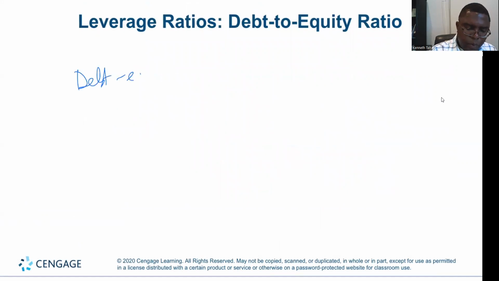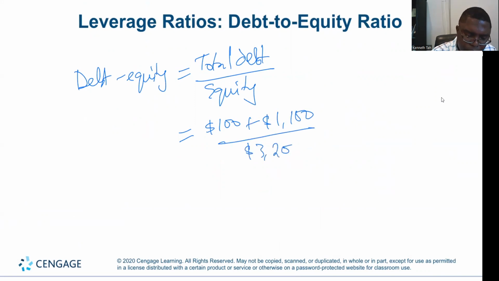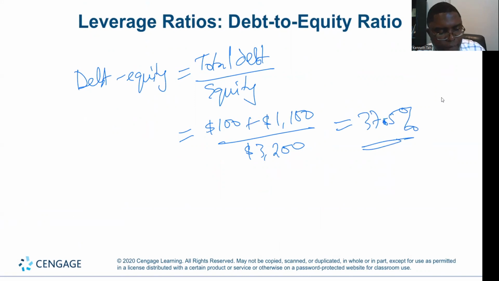Debt equity ratio, on the other hand, is total debt divided by equity. So this ratio gives us the percentage of the firm that is financed with debt. So total debt is 100 plus 1,100 divided by 3,200. That gives us 37.5%.